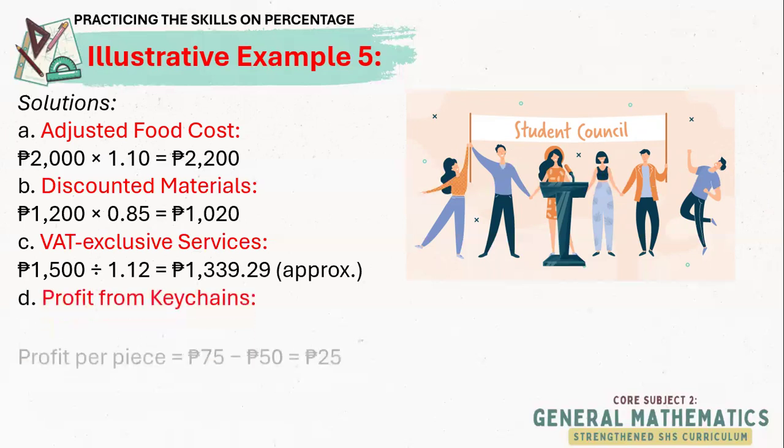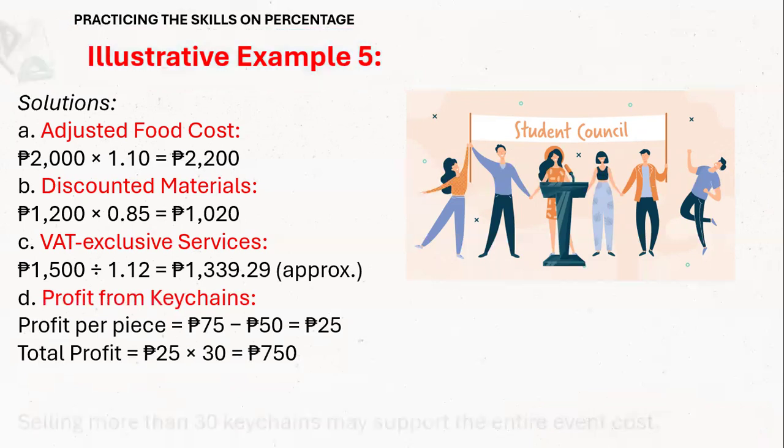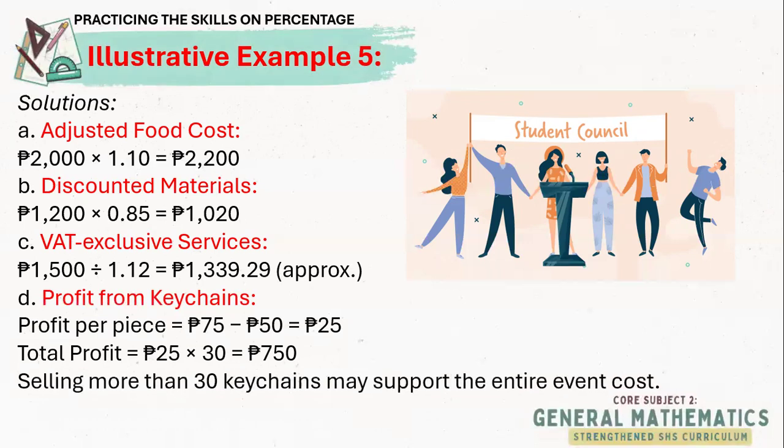For the profit from the keychain, we get 25 pesos each. Then we multiply it by 30 keychains, and the profit will be 750 pesos. So selling more than 30 keychains may support the entire event cost, because they almost have a 4,000-plus budget for that.